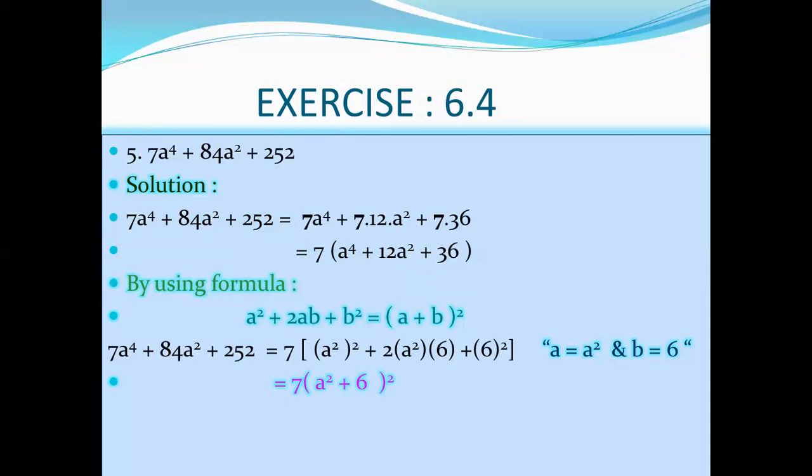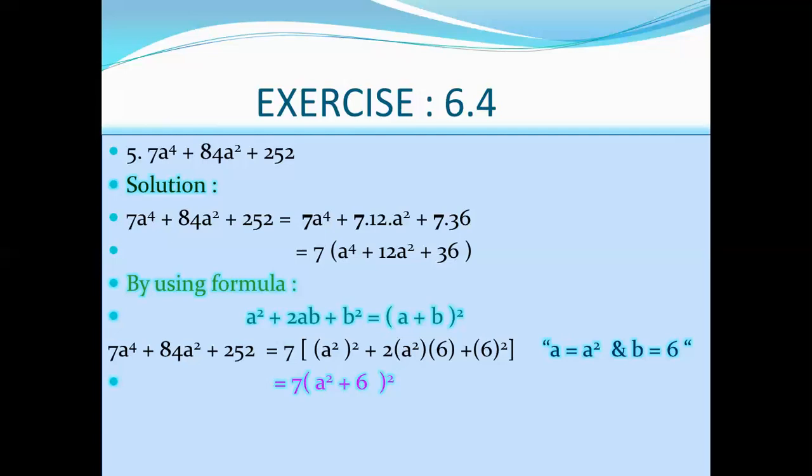In 7a^4, we split 84 as 7 into 12 and 252 as 7 into 36. Now 7 is common. We take 7 common and the remaining terms are a^4 plus 12a square plus 36. Now again you can see the first and the last term. The last term is 36, definitely the square of 6, and a^4 is the square of a square. It means that after taking 7 common, the remaining terms can make a perfect square.